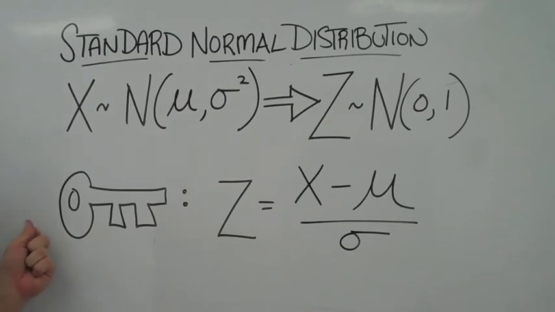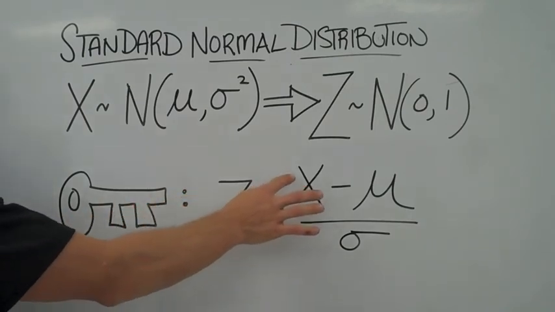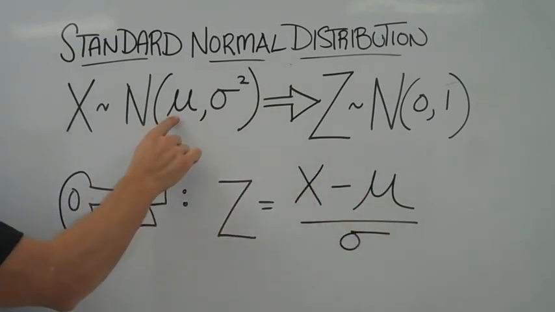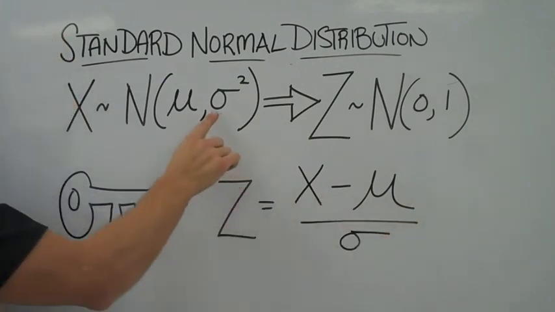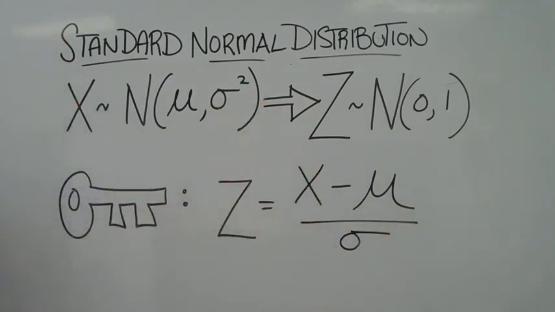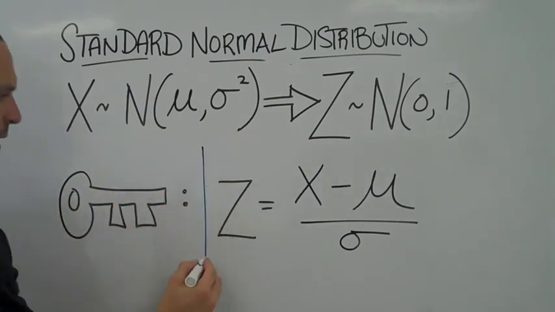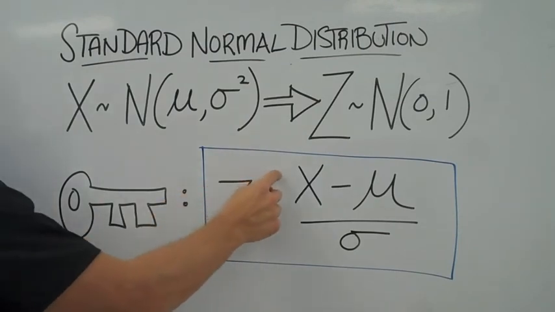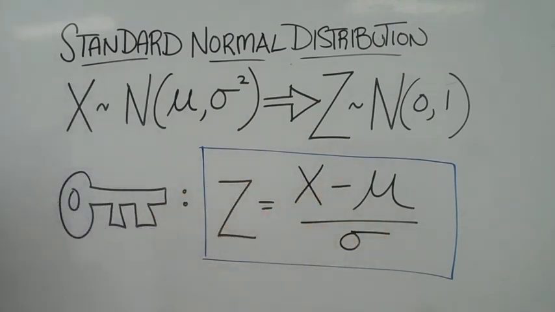How are we going to do that? Well, our z value will be the x value we get minus the mean, divided by, here we're given variance, so we convert that into standard deviation by taking the square root. You have to know this. If you don't know this, I can't help you any further. The z value is any value x minus the mean divided by the standard deviation.